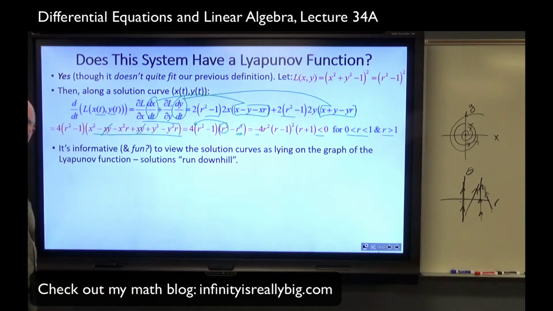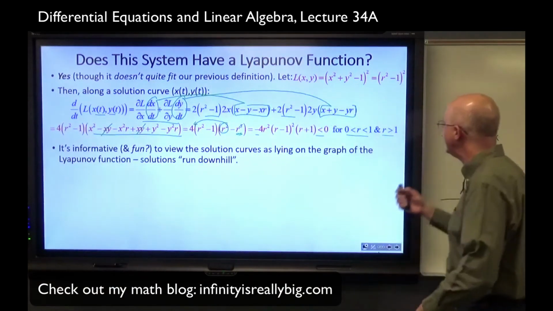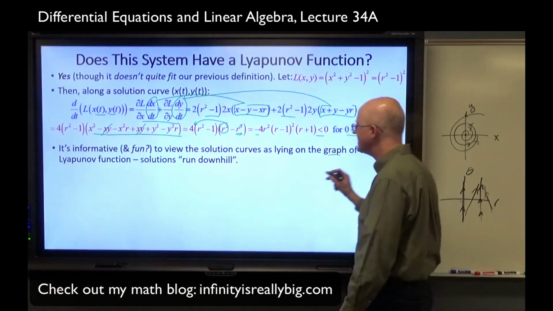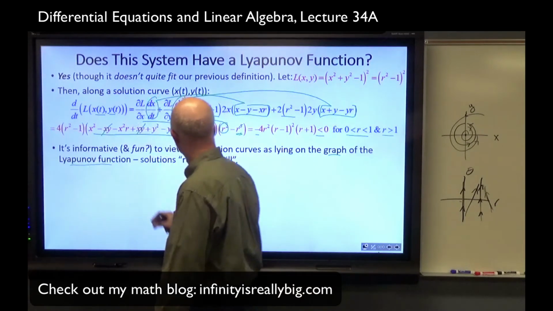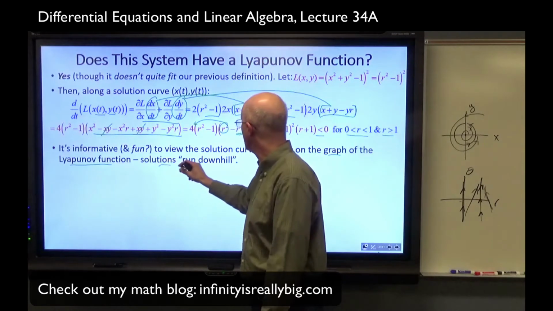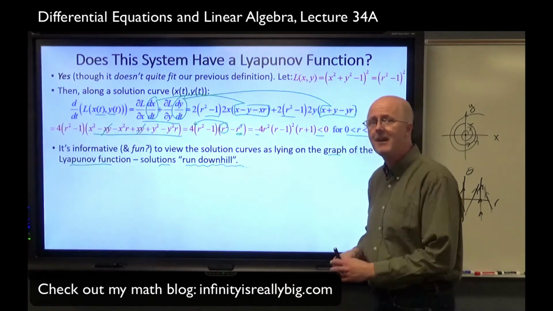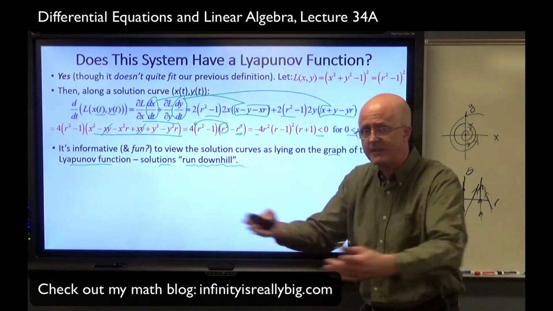It's informative, and maybe even fun, to view solution curves as lying on the graph of the Lyapunov function, and seeing, when we do, that solutions run downhill along the graph of the Lyapunov function in three-dimensional space.